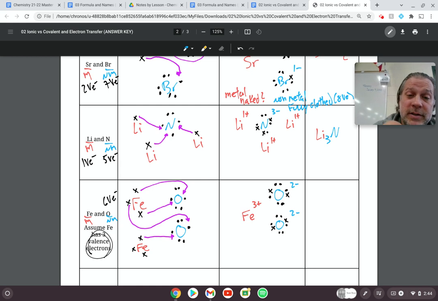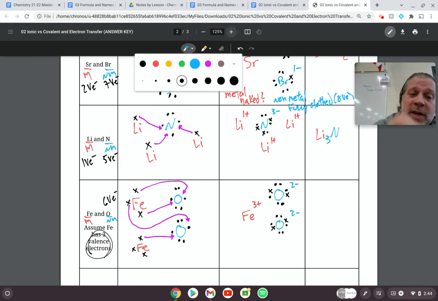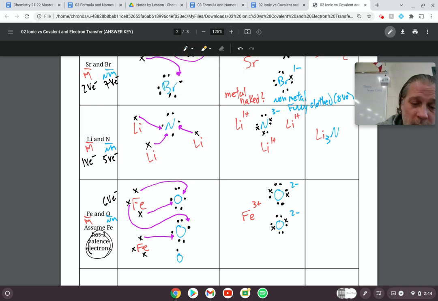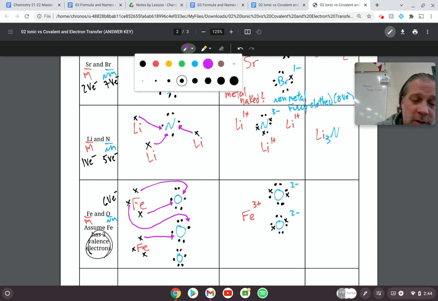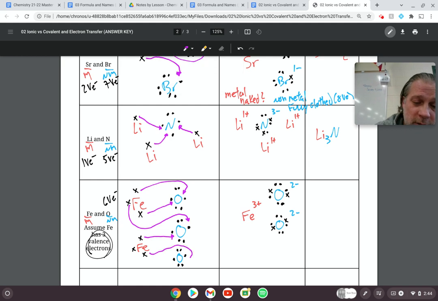I have an iron that has not lost all of its electrons yet, so that's not good for it. So I'm going to add an oxygen here, and I'm going to have 1, 2, 3, 4, 5, 6, and then I'm going to show transfer of the remaining electrons. 1 is going to go on this side, and 1 is going to go on this side.